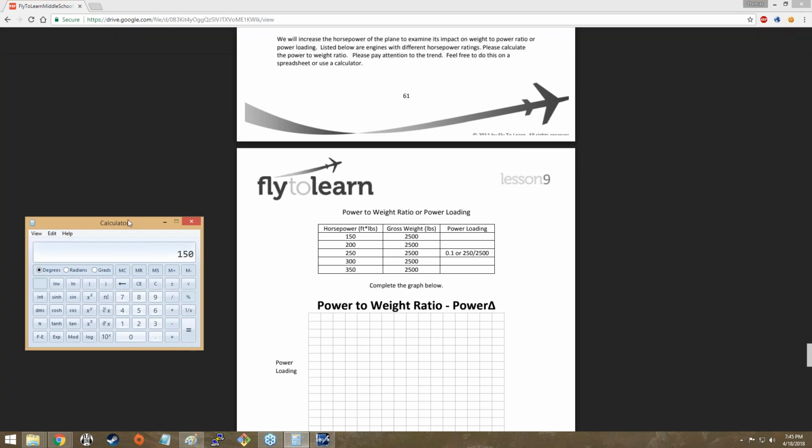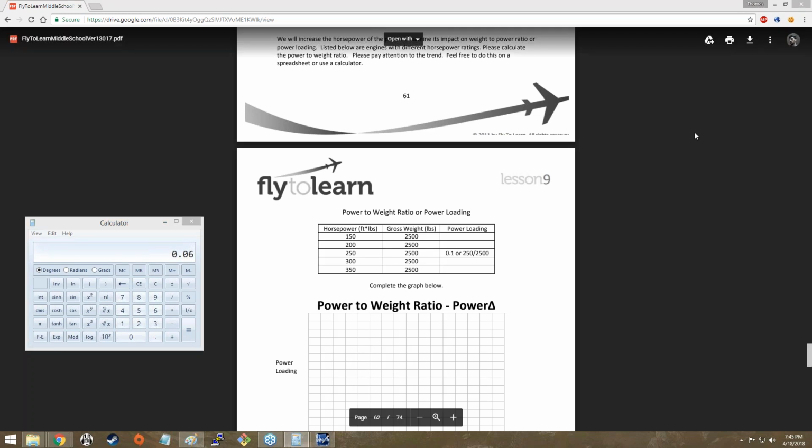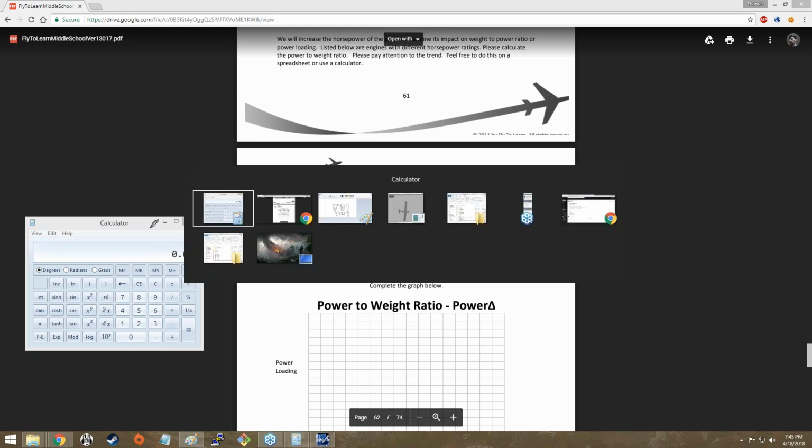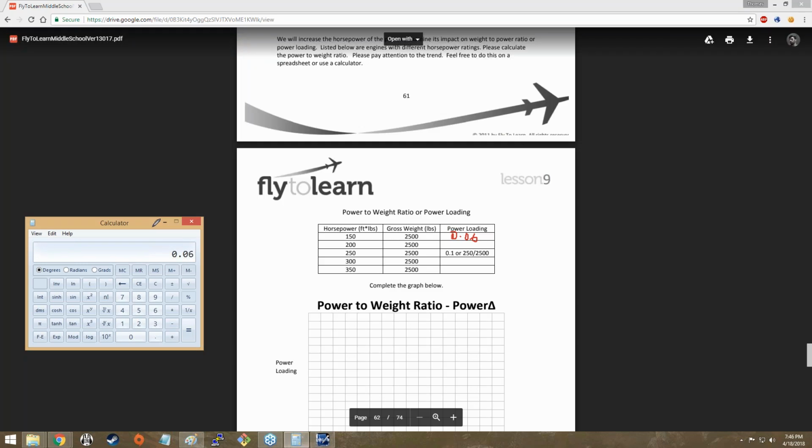So if you've got 150 horsepower divided by 2,500, that means our power loading is 0.06. Likewise, if we've got 200 horsepower and our weight is 2,500, we've got 0.08.